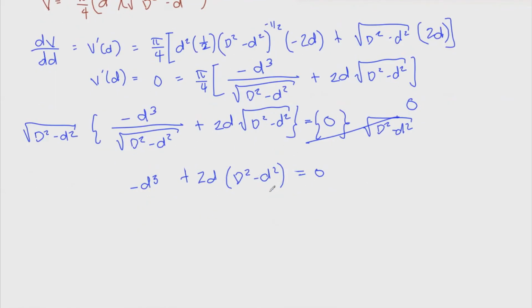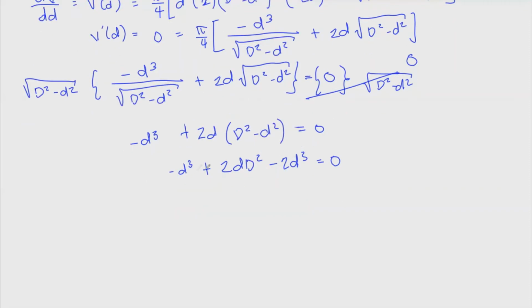So we've already simplified this into a very short expression, and now we just have to distribute this further so that we can get the answer. So that's negative d cubed plus 2d capital D squared minus 2d cubed, that is equal to 0. And then when you add these two, we can get negative 3d cubed plus 2d capital D squared equals 0.